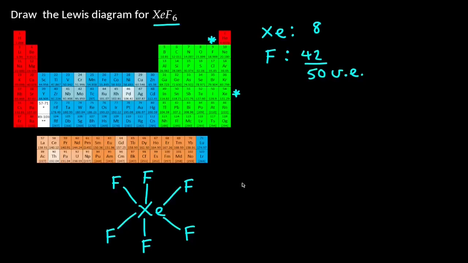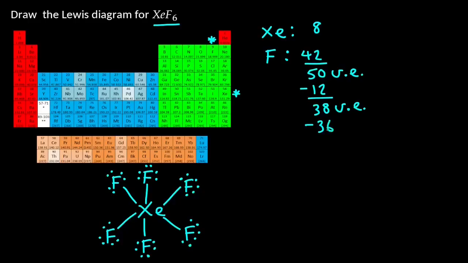So 2 electrons are shared in each bond, so we subtract 12 electrons from our valence electrons. And now we complete the octet of the terminal atoms. Which leaves us with 2 electrons.